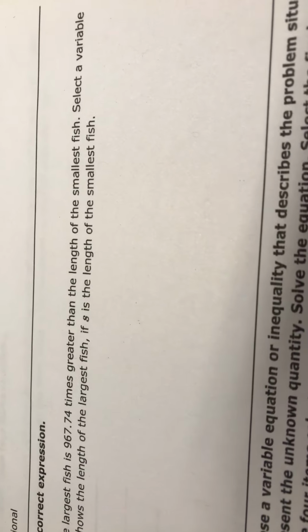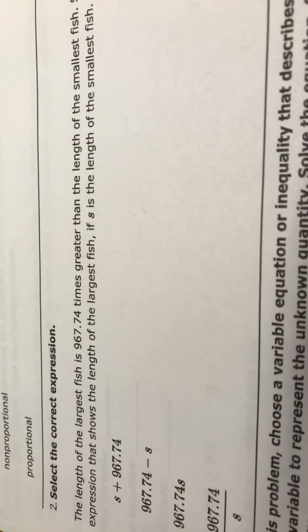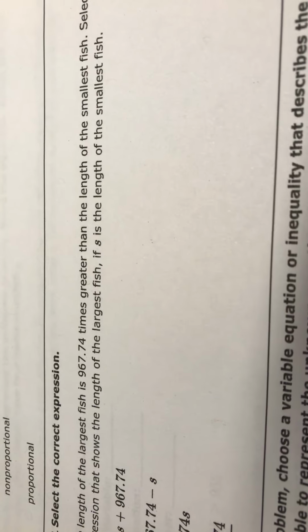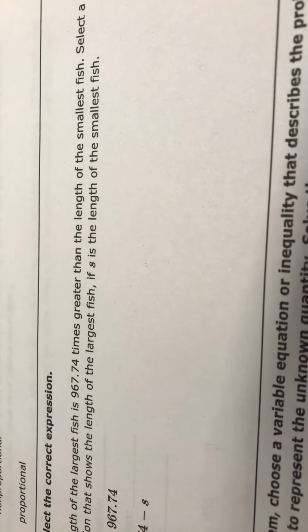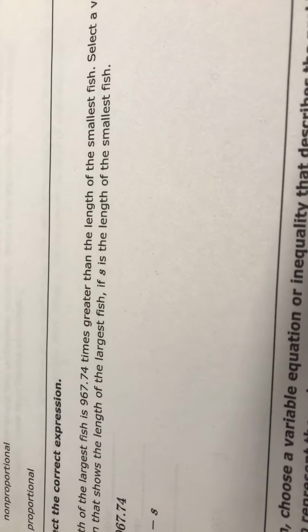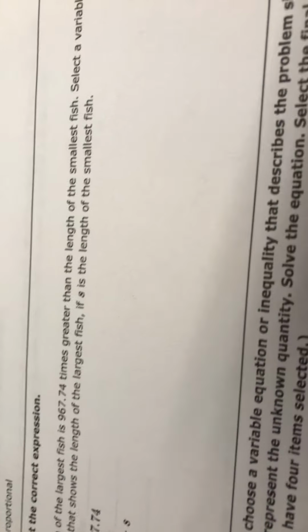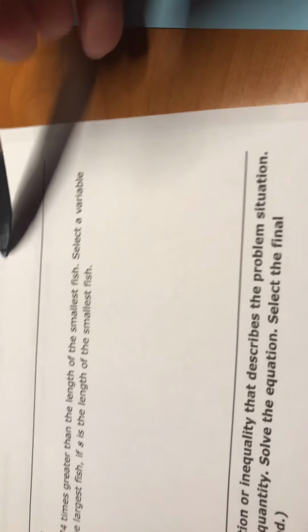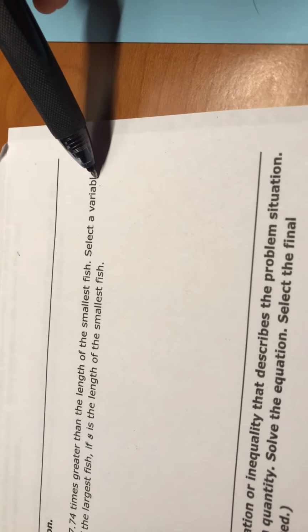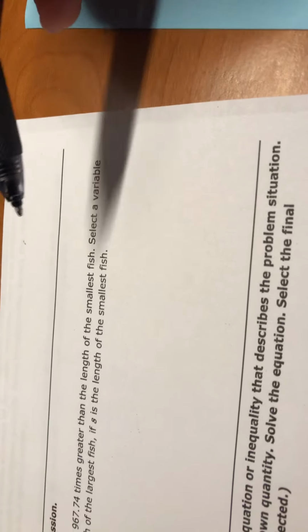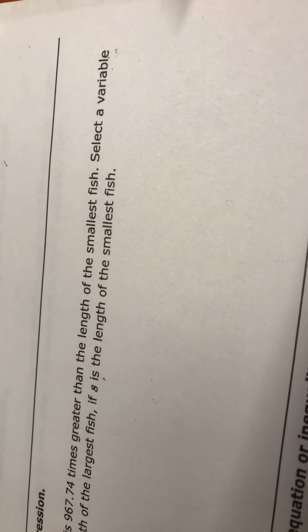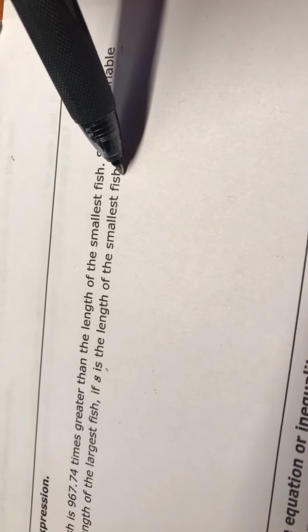Okay, select a variable expression that shows the length of the largest fish if S is the length of the smallest fish. Alright, so by the way, back up here, this word variable means a letter that represents something, okay? So in this case, the letter S is a variable that means the length of the smallest fish, okay?